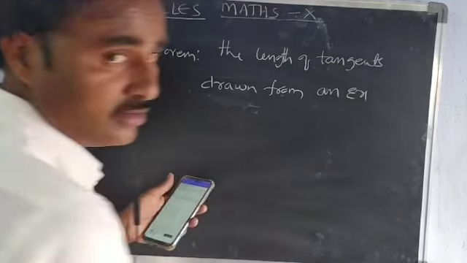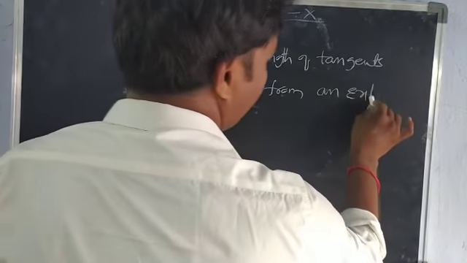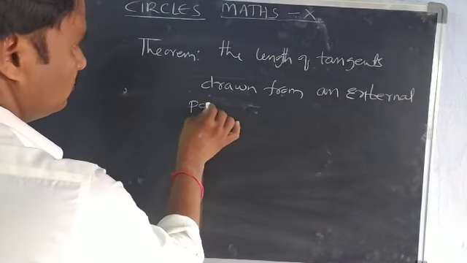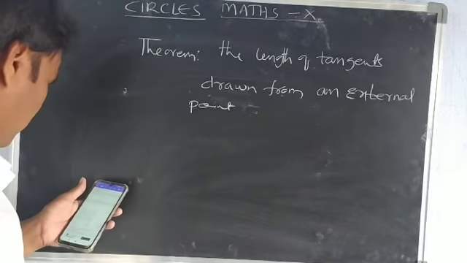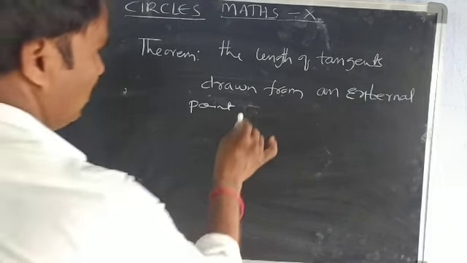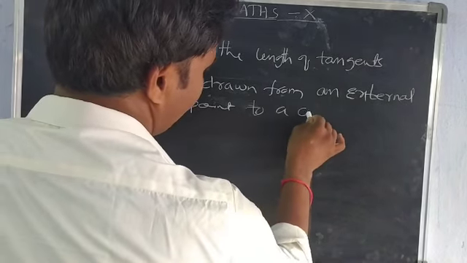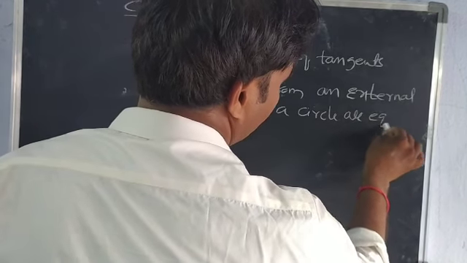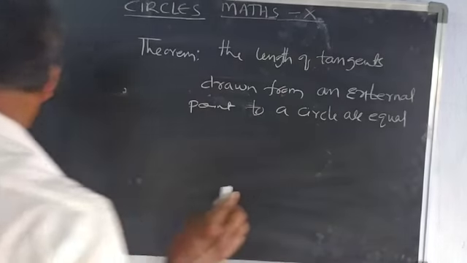External point means outside the circle. This is the theorem statement.